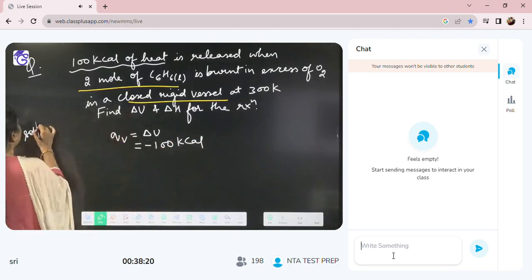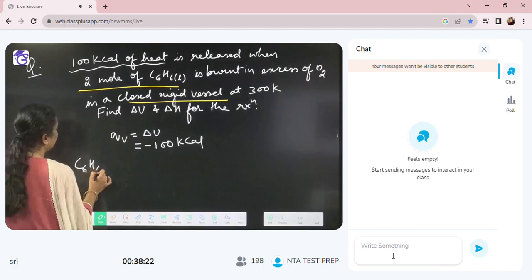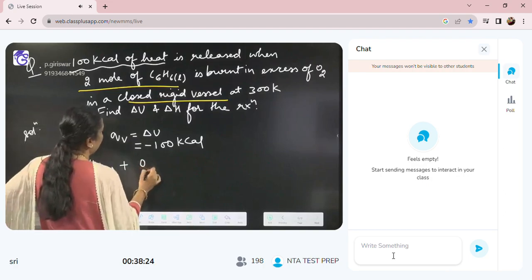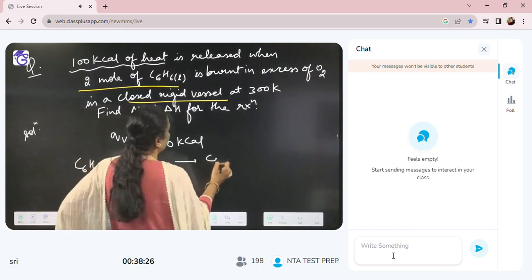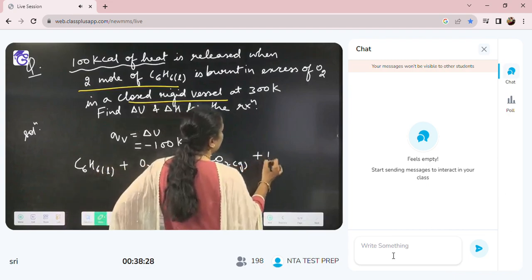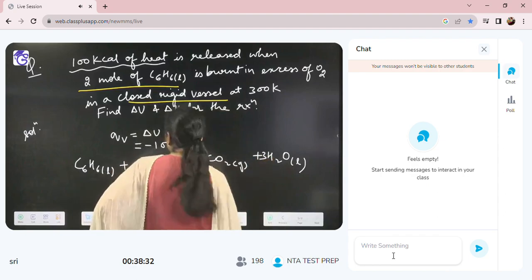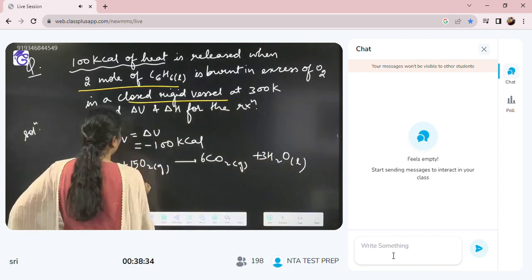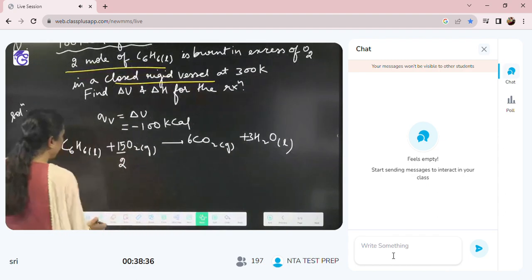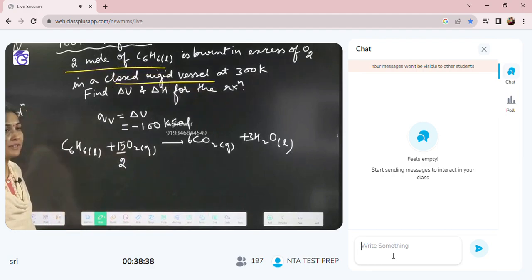Now next thing is you have to go for C6H6 liquid plus O2 gas, which is giving you CO2 gas plus H2O liquid. Now here it is 6, here it is 3. When you balance it, it will become 15 by 2. But you don't stop here because I have given you 2 mole of C6H6. Yes, Hanudeep, very correct.